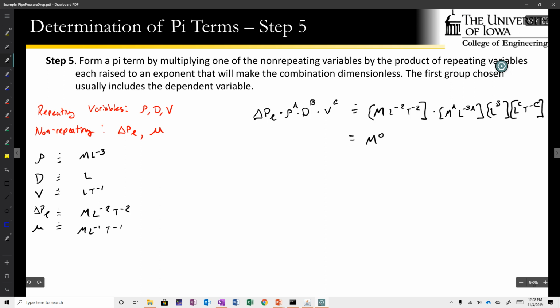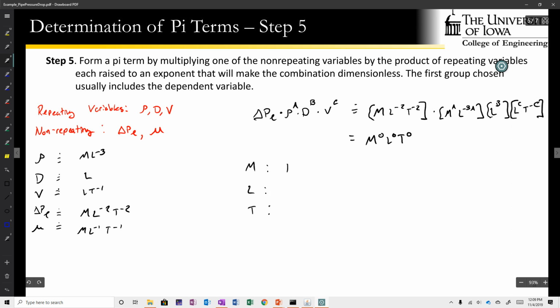We want this. So write out your system of equations. Let's do it this way instead: mass, length, time.